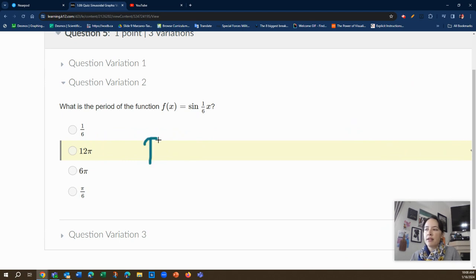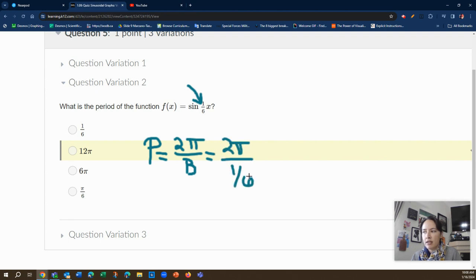So again, the period is going to be equal to 2 pi divided by b, where b is the coefficient, or the number multiplying the x variable. Let's just plug it in. 2 pi divided by 1/6. You can just multiply by the reciprocal, or you can divide by 1/6, which is keep, change, flip, however you want to think of it.